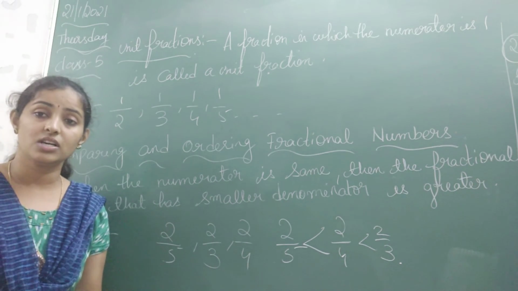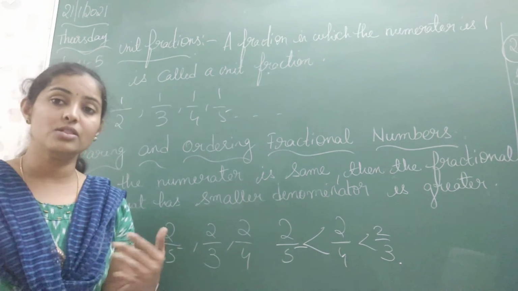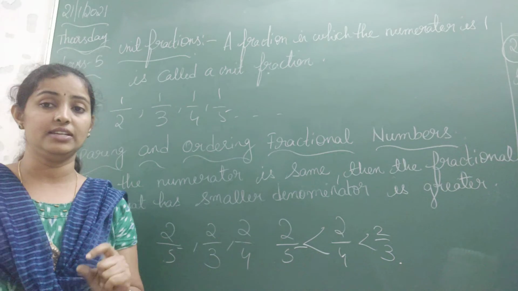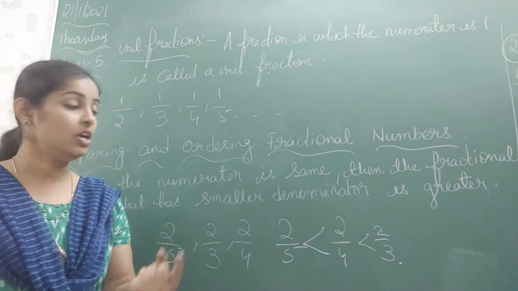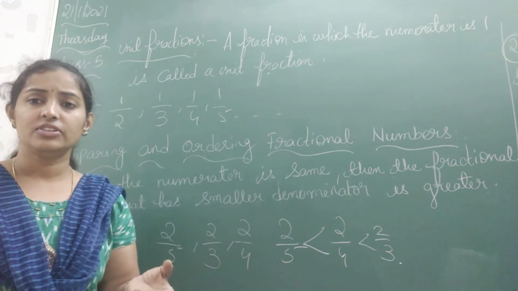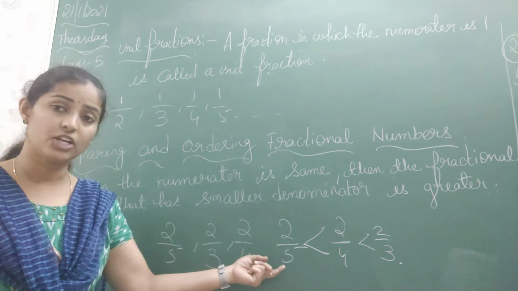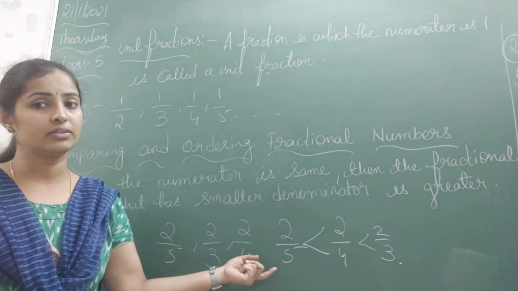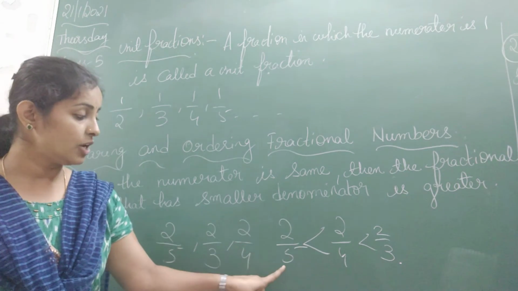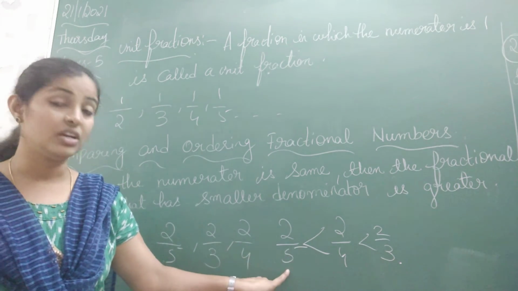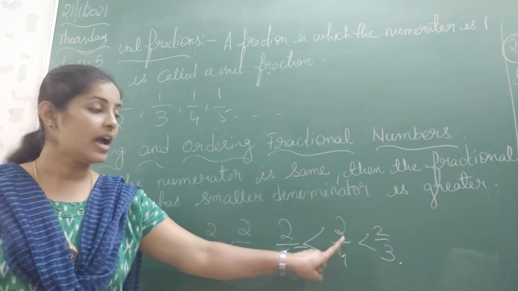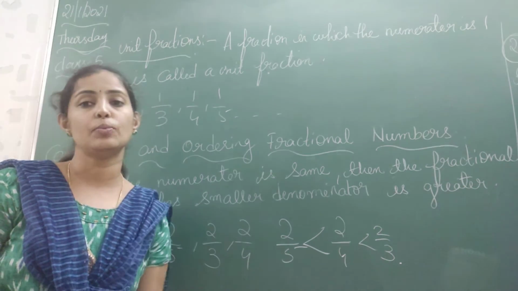So what is said here? The number with the smaller denominator is the greater one, so the number with the greater denominator is the smaller one. Now 2 by 5 is less than 2 by 4 which is less than 2 by 3.